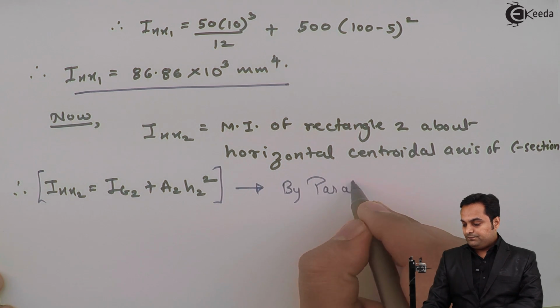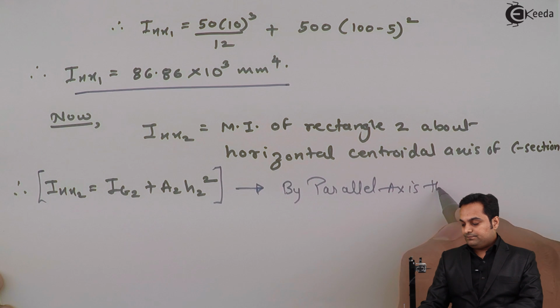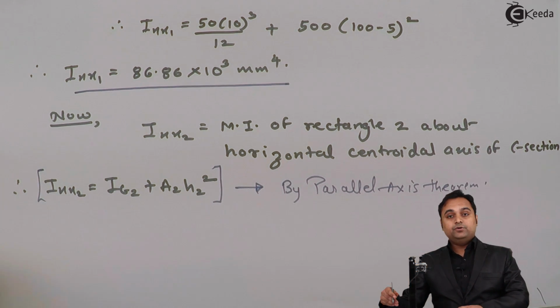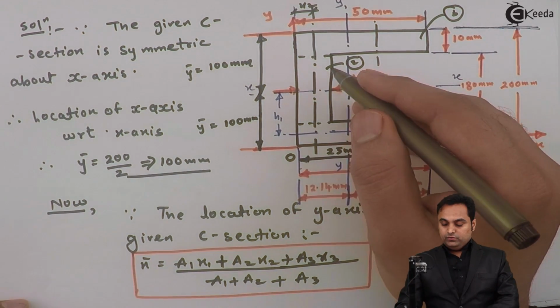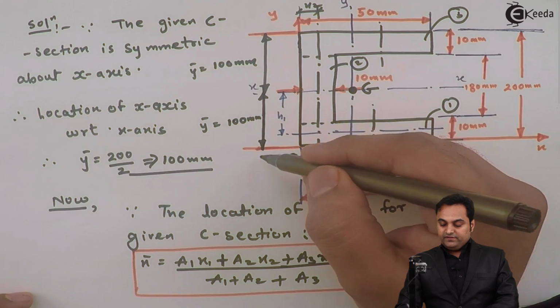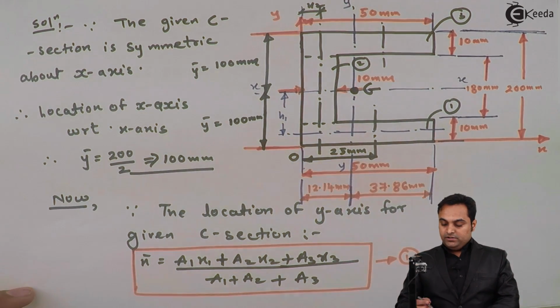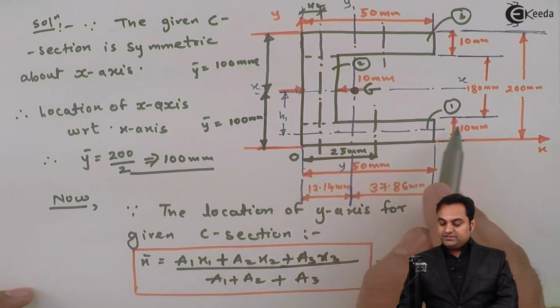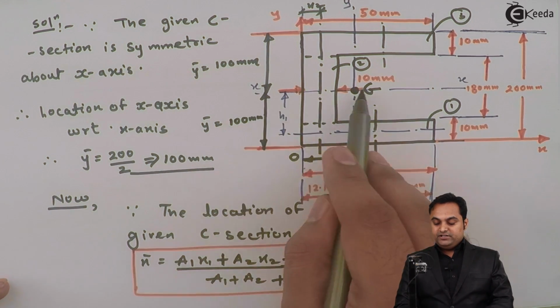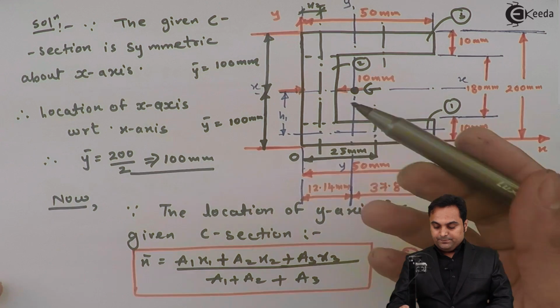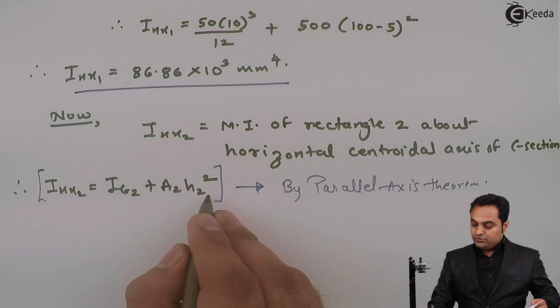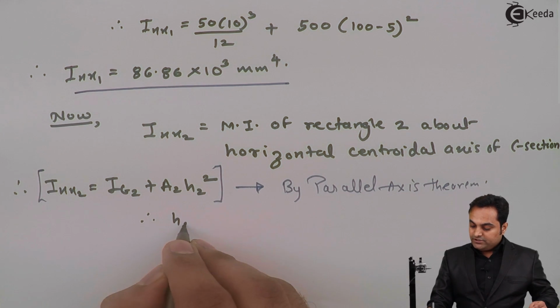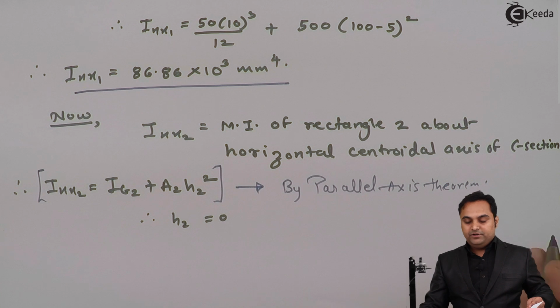By parallel axis theorem, but something interesting is to be noted here, that for rectangle 2, the x-axis of rectangle 2 is at 100 mm distance, and even the x-axis for the complete C section, that is also at 100 mm. So there is no distance between the two axes, like previously it was H1 for the first rectangle. Now we don't have any distance, so H2 will be 0, since there is no perpendicular distance between the two axes.